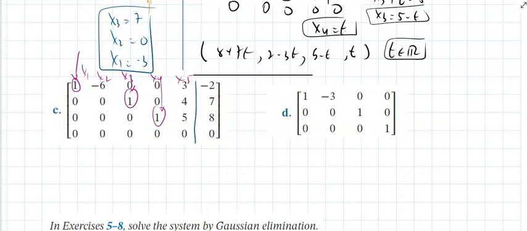Well, there's 5 of them, and I only have 3 pivots, right? So what that means, I'm going to have x5, you notice it doesn't have anything. We're going to call x5 a t. And do you notice where the other non-pivot is? It's x2, and I'm going to call it, let's say, I think like S or C. Let's go with C.